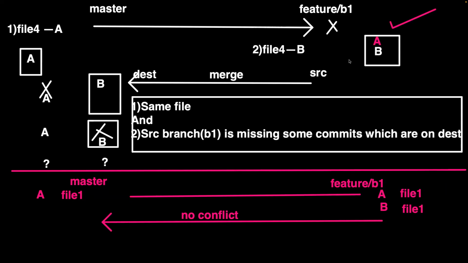You made another file here, or the same file here, and then made commit B. So obviously this commit A is not there, right? That's what is meant by the source branch, B1, missing commit A, which is there on the destination but not on the source. In such cases, both points should be satisfied: same file and same commit on the same file.